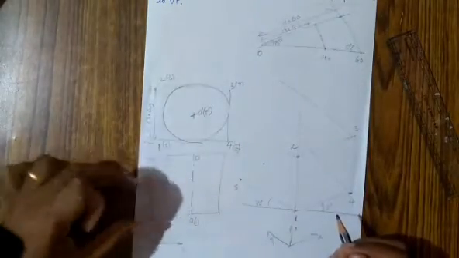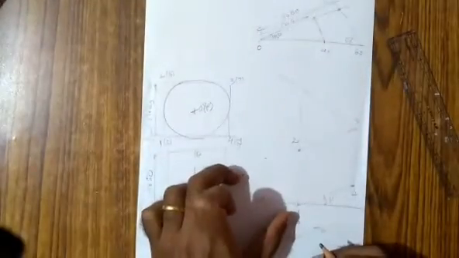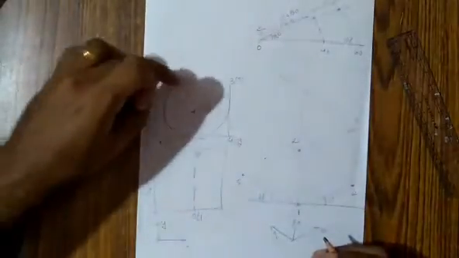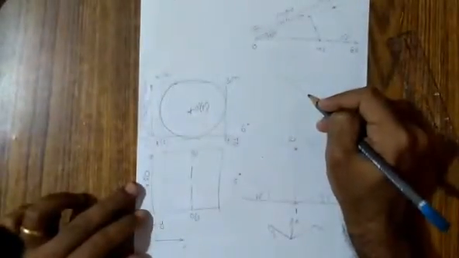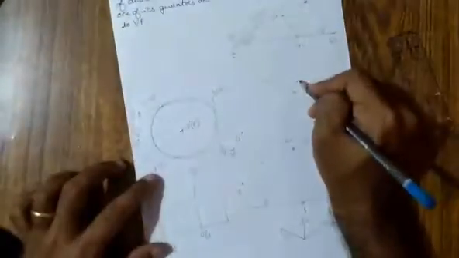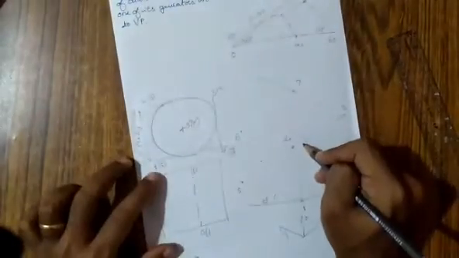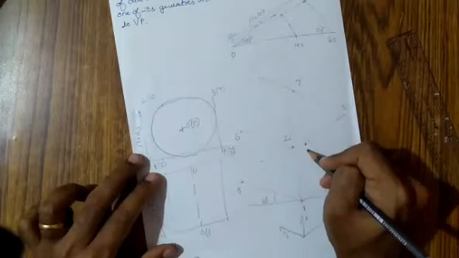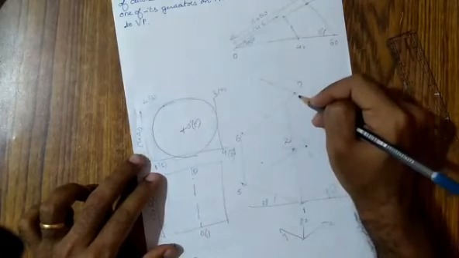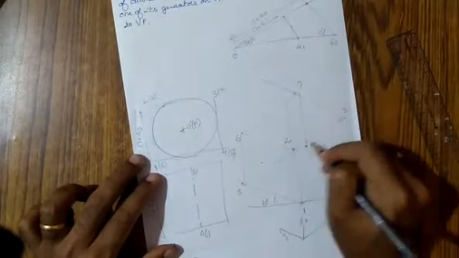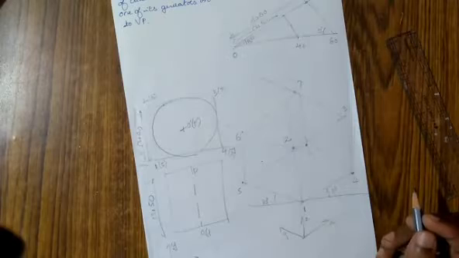So from 1 to 5, the distance is going to be ISO 50. You will get your point 5. From 2 to 6, same distance, is your point 6. From 3 to 7, the same distance, and from 4 to 8. So this is the back square of the box.